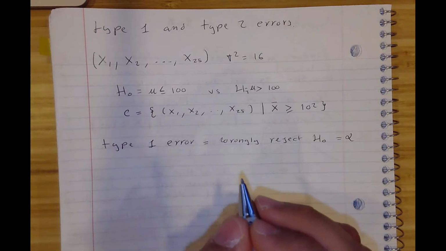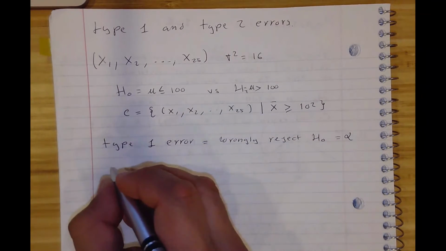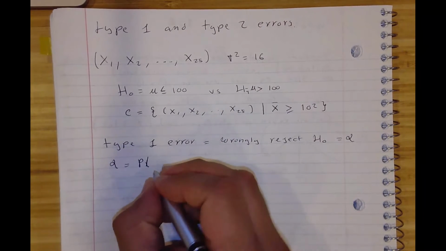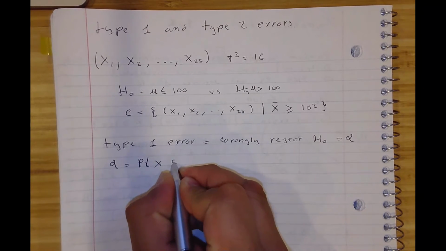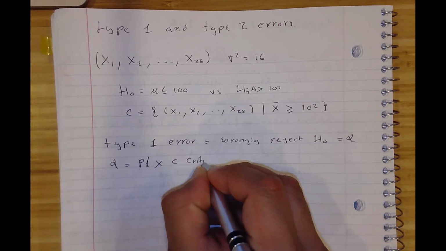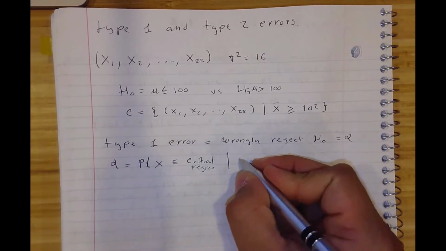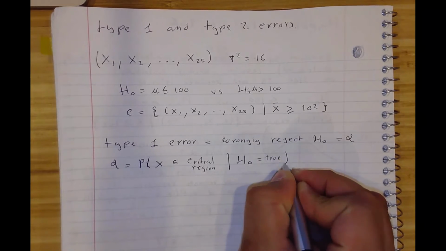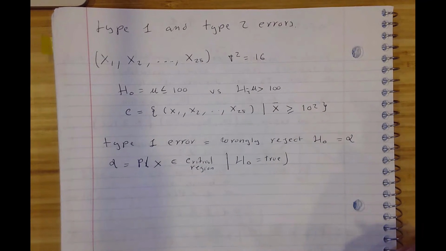Okay, so now what? The significance level is the probability that my random sample is within the critical region, given that the null hypothesis is true. Basically, this is the mathematical way to say type 1 error.